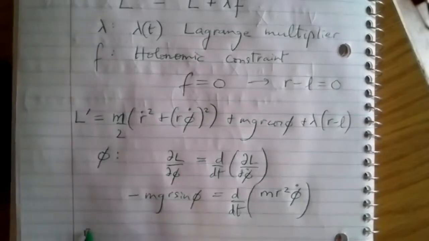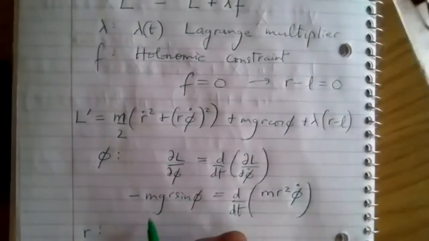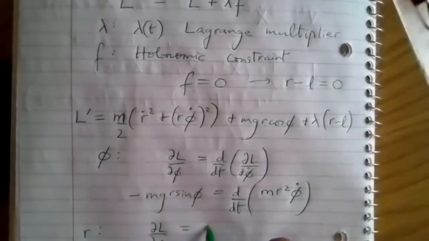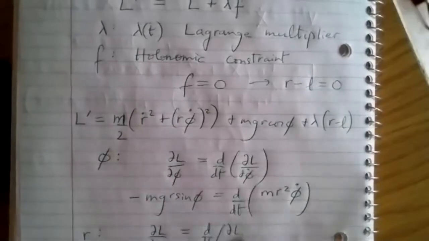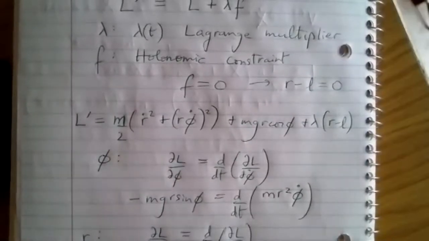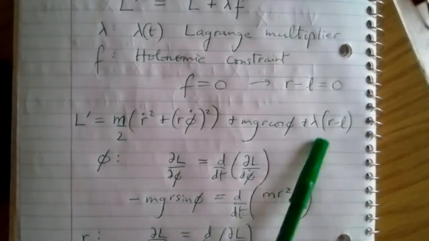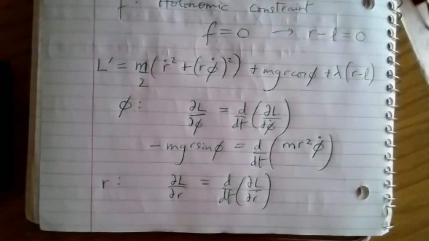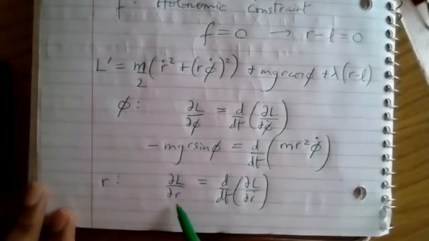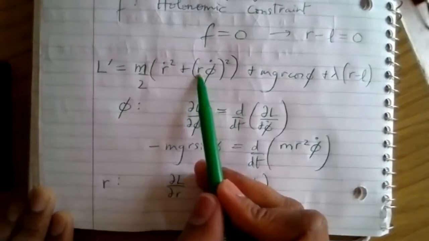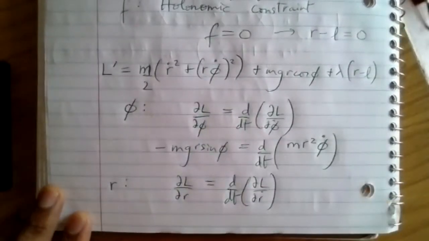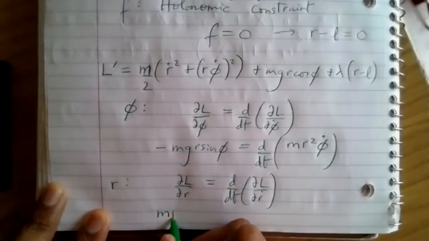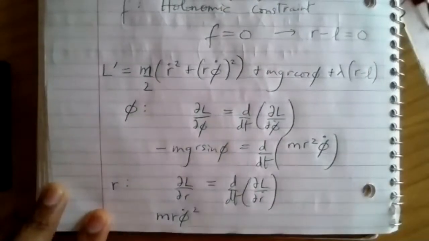All right, so that's one equation. What about for r? So for r, I have partial L partial r is equal to d by dt partial L partial r dot. So now I'm going to pick up some extra stuff from this constraint term. Partial L partial r, I pick up one term from here. So I'll get m r phi dot squared.